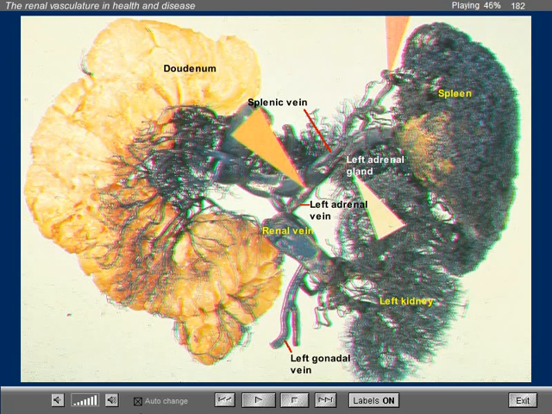Note that we have slightly oblique the specimen in order to show the left renal vein, above it the adrenal gland, and venous connections are seen between the adrenal gland and the body and tail of the pancreas. We have ligated the renal vein, so we only see its proximal portion, which receives the left gonadal vein.